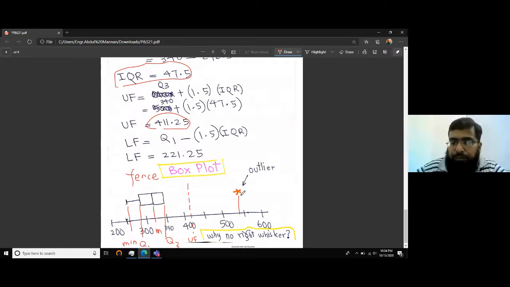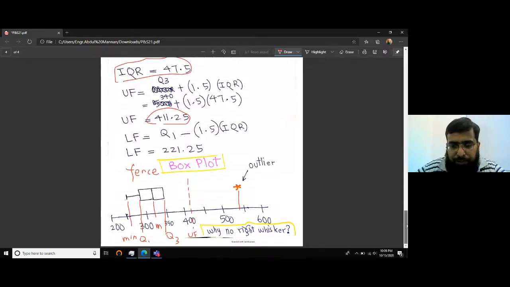If this point wasn't an outlier, if it were inside the upper fence, we would definitely draw a right whisker from Q3 to that max point. But the only point that is greater than Q3 in this case is this outlier beyond the UF. So we don't have a right whisker at all. That's an interesting example.